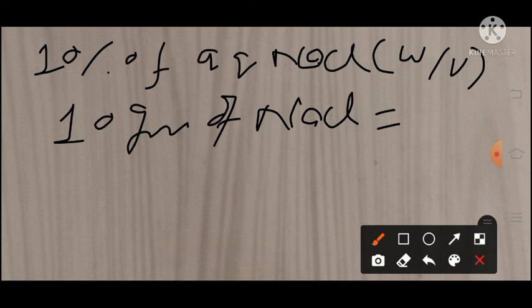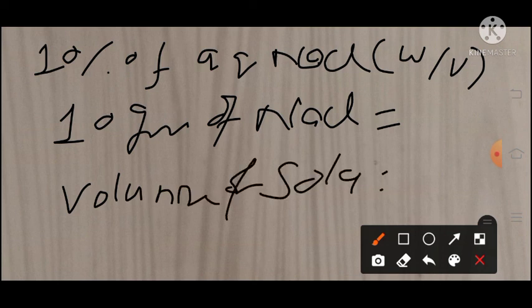The amount of solute, NaCl, equals 10 gram, and the volume of the solution equals 100 ml. It is the meaning of 10% aqueous solution of W by V.